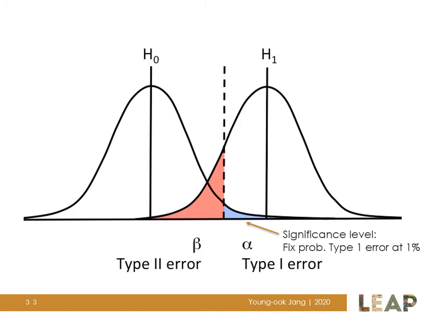Then the significance level of your regression results is 1%. If you are more lenient and you want to fix the probability of type 1 error at 5%, then 5% is the significance level. So the lower the significance level, the better. The more precise your testing is. Okay.